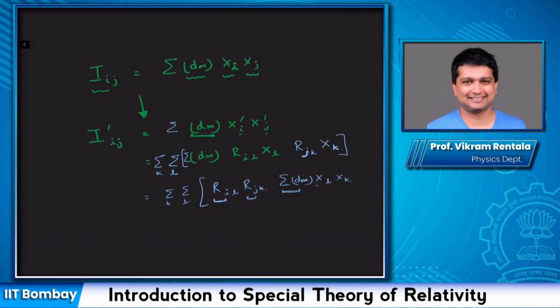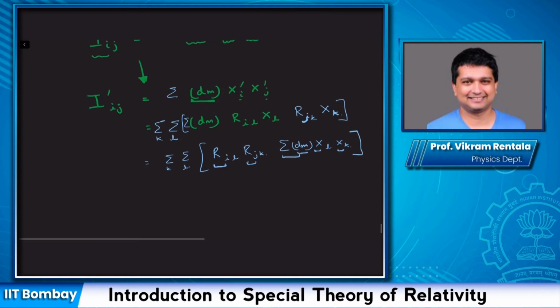Whereas the positions of the mass in one coordinate system certainly do depend on which mass element I'm talking about, so I cannot pull these x's outside the summation. So now I get the summation over k, summation over l, R_il R_jk, and this quantity is nothing but our old moment of inertia tensor, which is I_lk.